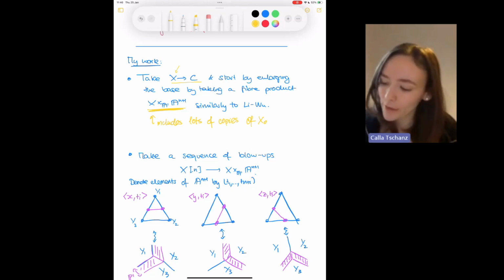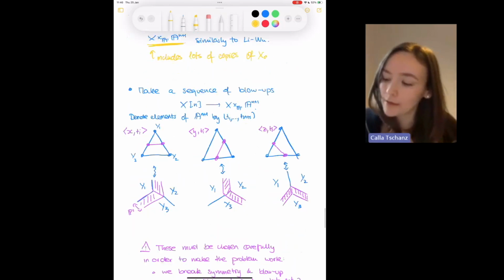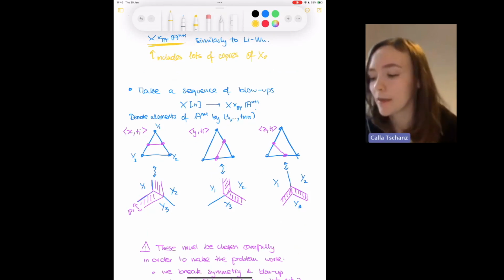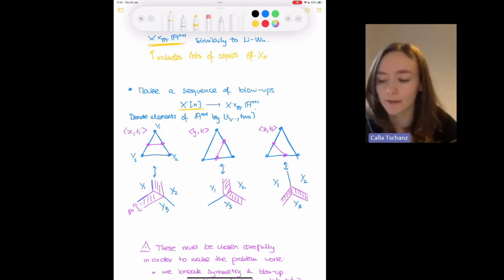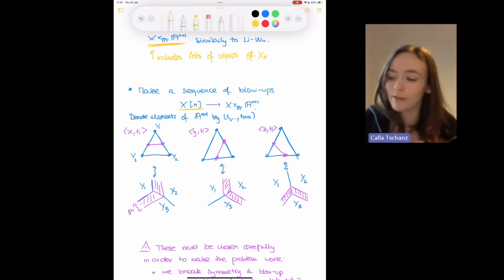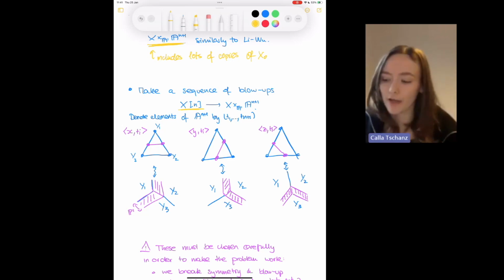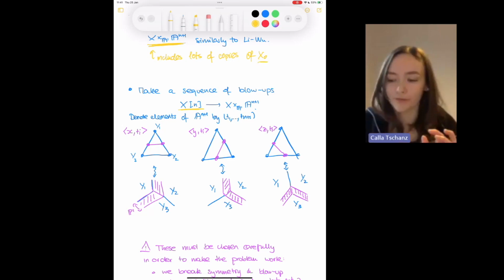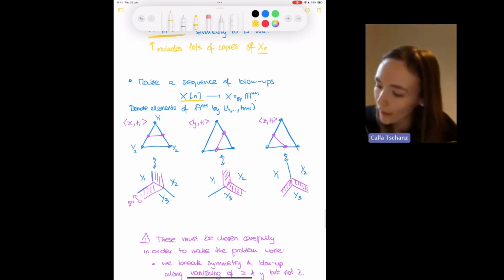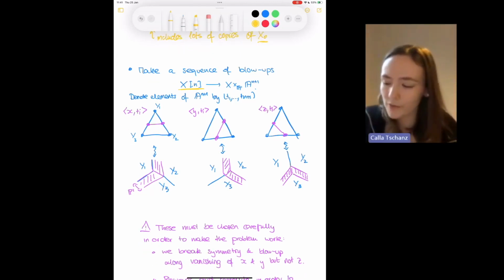Okay, so the way that we do that is to say we have this big family, and then we make some sequence of blowups, and we call the resulting space Xn after all these blowups. And these blowups basically won't change anything in the general fibers, and in the copies of X0, they will give you modifications of X0. And it's kind of subtle how you have to choose these blowups.